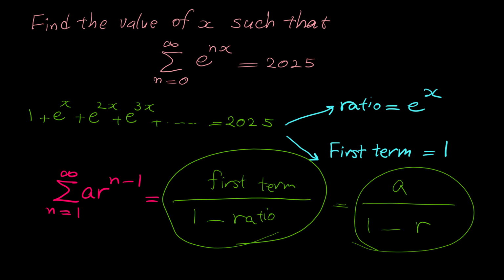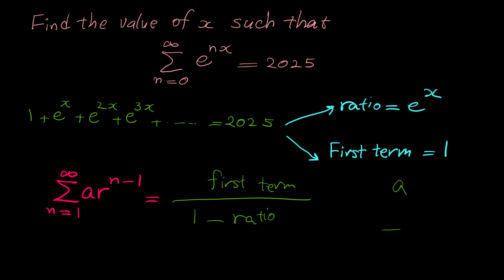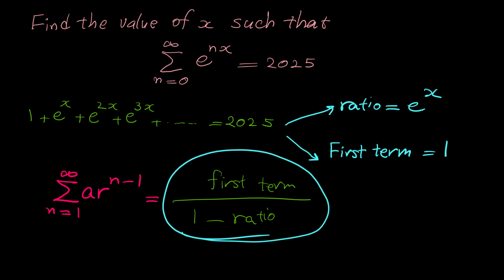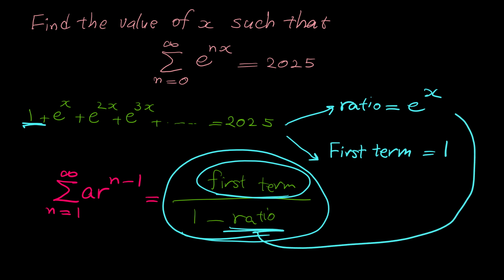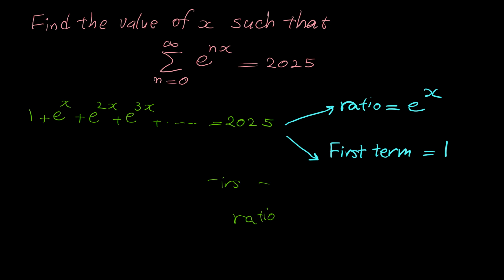Yes, it seems the same, but it's not exactly the same, because sometimes a is not exactly the first term. So I highly recommend you to memorize this formula. The sum of a geometric series is the first term, which in this case is 1, over 1 minus the ratio, which is e to the x. Now that we remember the formula for the sum of a geometric series, let's finish this question.